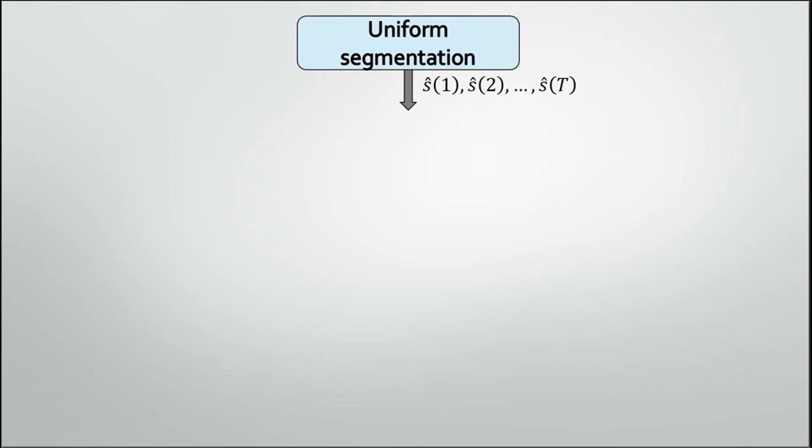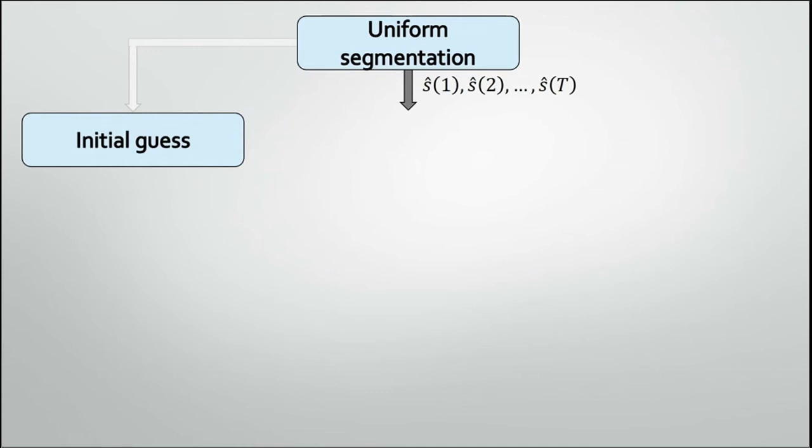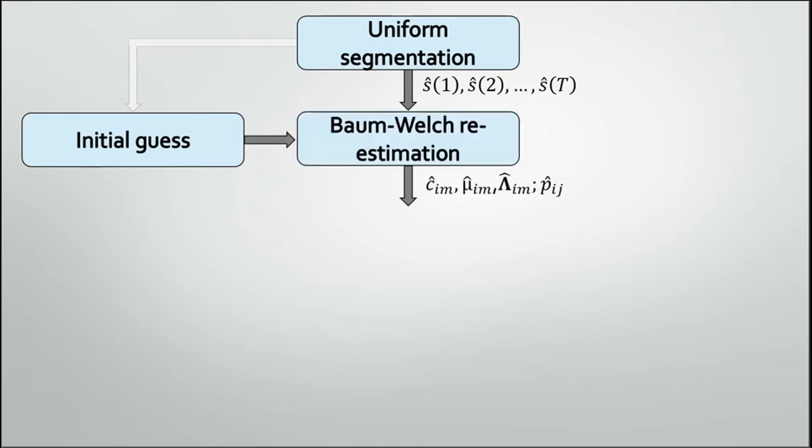Now we begin the HMM training after uniform segmentation is done. So we have the estimates of the states, S1, S2 until S uppercase T. And then for each state, we estimate the Gaussian mixture model parameters. And then we begin the Baum-Welch re-estimation.